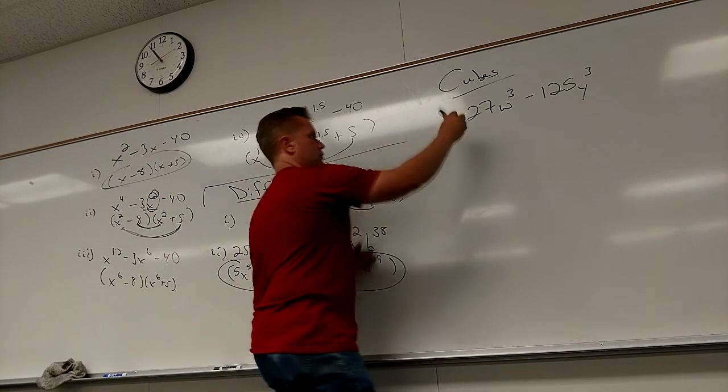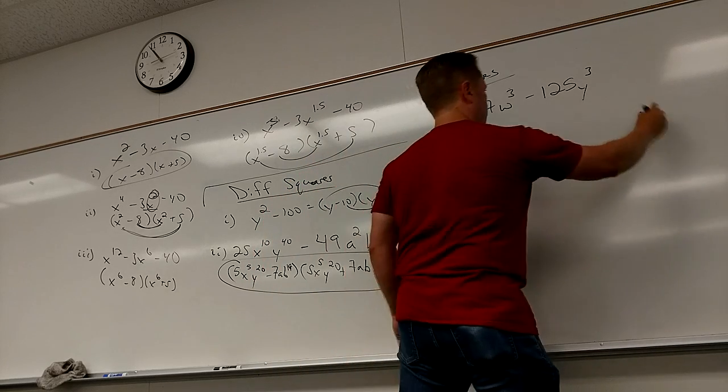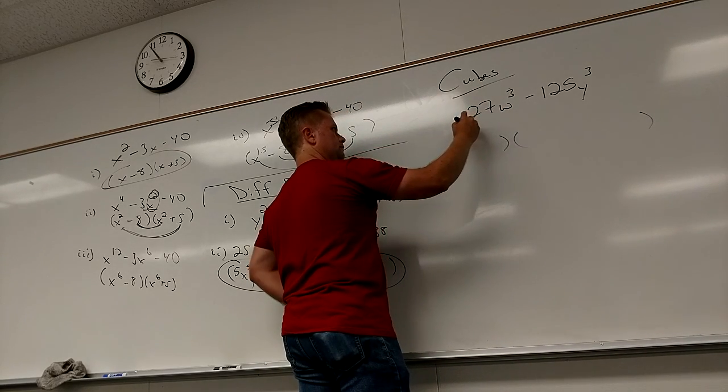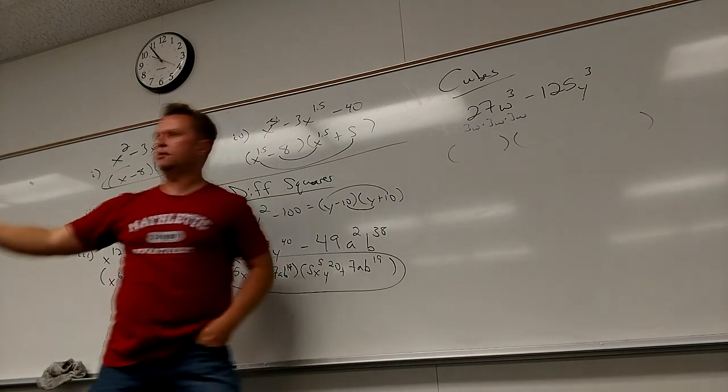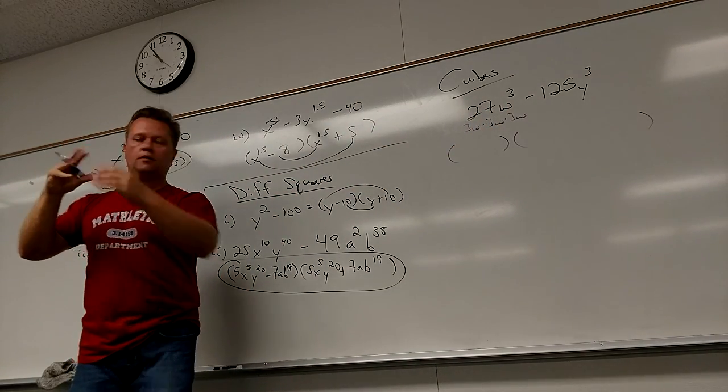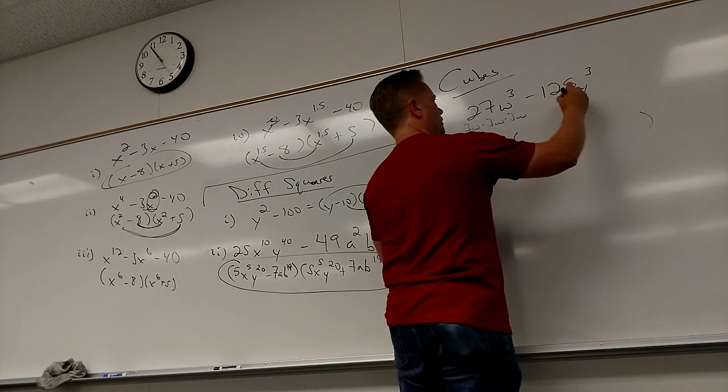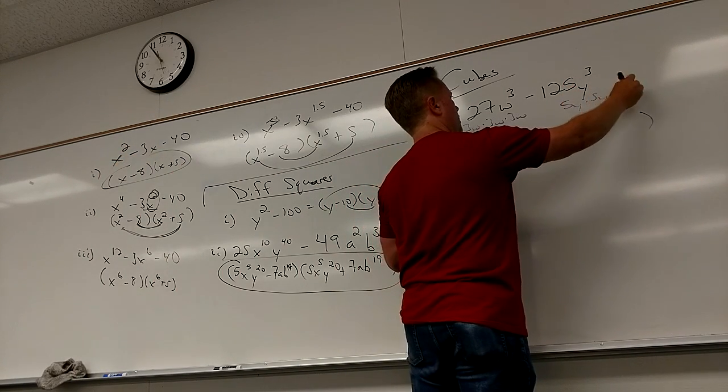So 27W cubed, how do you break that up? Yeah, 3W, 3W, 3W, you just have to remember those go together. 125Y cubed, 5Y, 5Y, 5Y.